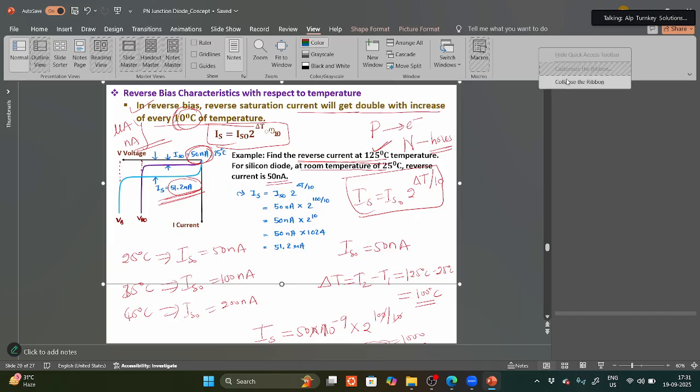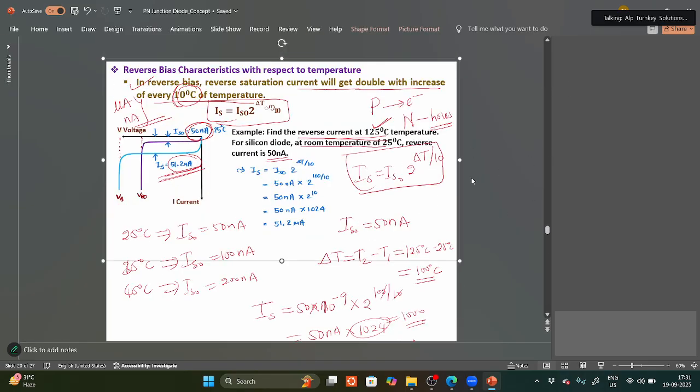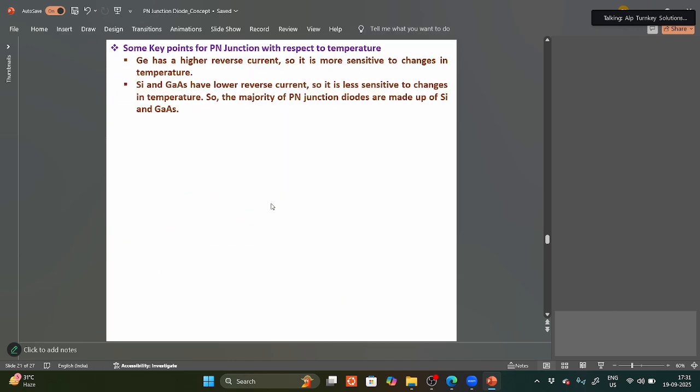Okay, so this is about the next, reverse bias. Key points for PN junction with respect to temperature: germanium has high reverse current. Why? Because it is more sensitive to change in temperature. I told you in the starting, germanium can withstand up to 100 degrees Celsius.